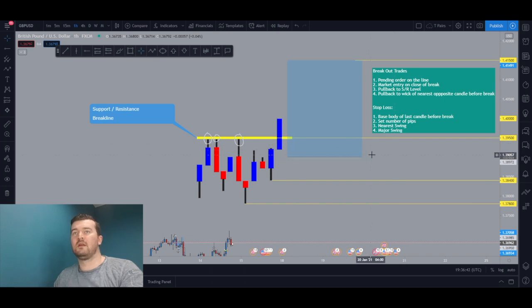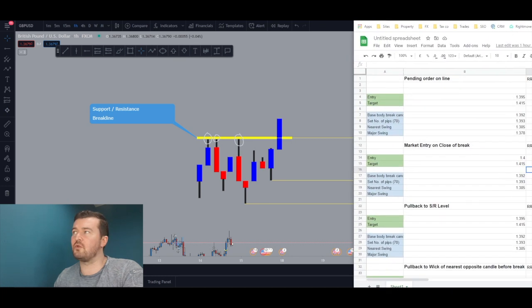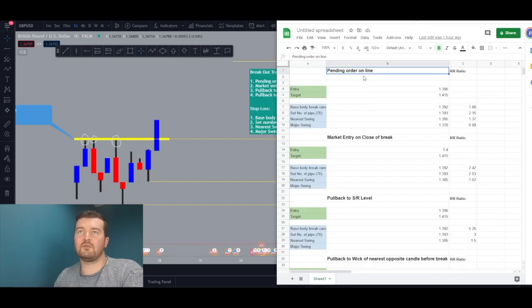Okay, so let's look at it with a few numbers. Now, I've created a really, really simple spreadsheet, and I've worked out very basic risk reward ratios. Okay, so pending order on the line is the first one, the market entry on the close of the break, the pullback, and the pullback to the wick of the nearest opposite candle before the break. I know that sounds a bit of a mouthful, but it's worth looking at. So with the first one, the risk reward ratio, let's just make sure that this is correct.